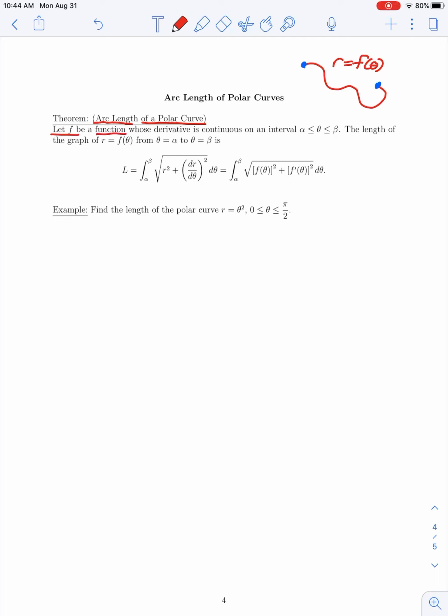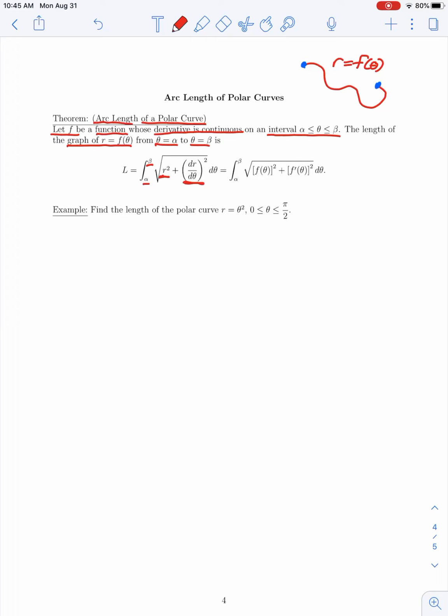If we have f, which is a function whose derivative is continuous on the interval from theta equals alpha to theta equals beta, then the length of the graph of this polar equation, r equals f of theta, from theta equals alpha to beta is given by the integral over that theta interval from alpha to beta of the square root of r squared plus the derivative of r squared with respect to theta.